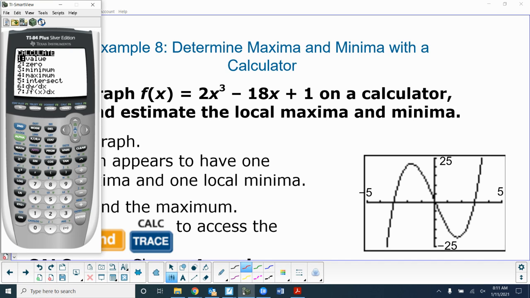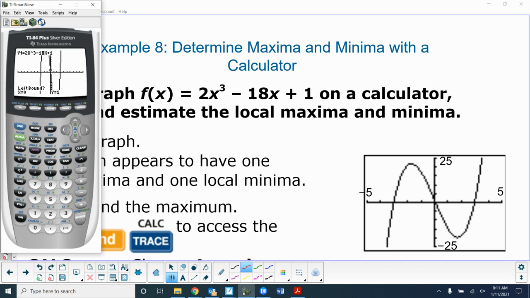Okay, so anyway, I'm going to look for the min. So that's this one here, right? I'm going to look to see what that number is. So I'm going to hit 3, and then it's going to say left bound, and then it's going to ask me right bound, and then it'll say yes. Okay?